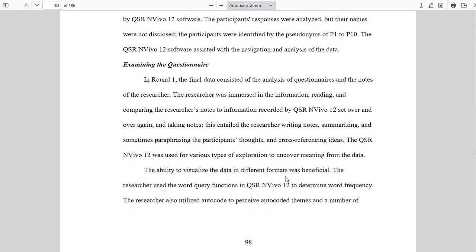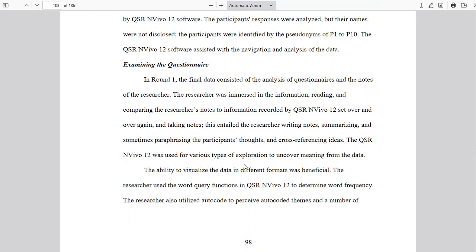So examining the questionnaire, basically I combined my notes with the recorded information and the themes that the QSR NVivo brought together, summarizing and sometimes paraphrasing the participants' thoughts and cross-referencing ideas.